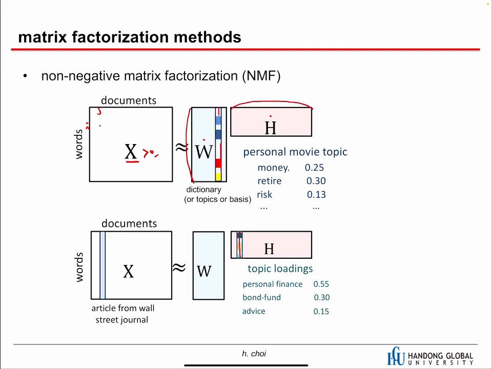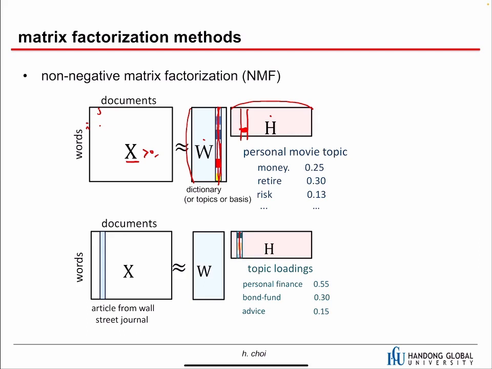So when we multiply W and H, think about this one. This one is a topic, and this one is a loading vector. Then this one says how much we will load this topic in that document.